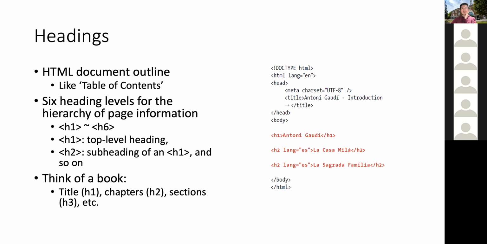Okay, so this is an example of simple code which has one H1 heading and then 2 H2 headings. Maybe at this time I can start my little code example.